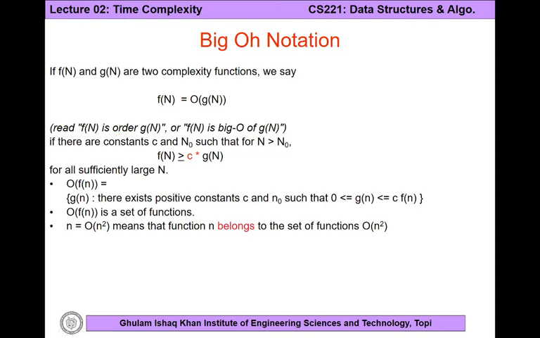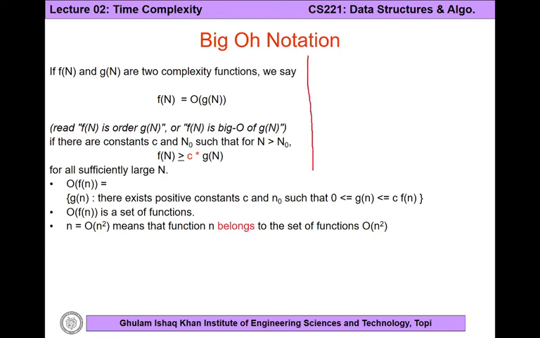Now f of n and g of n are two complexity functions. f of n is equal to big O, order of g of n, if there are constants c and n naught such that for n greater than n naught, f of n is greater than or equal to g of n.